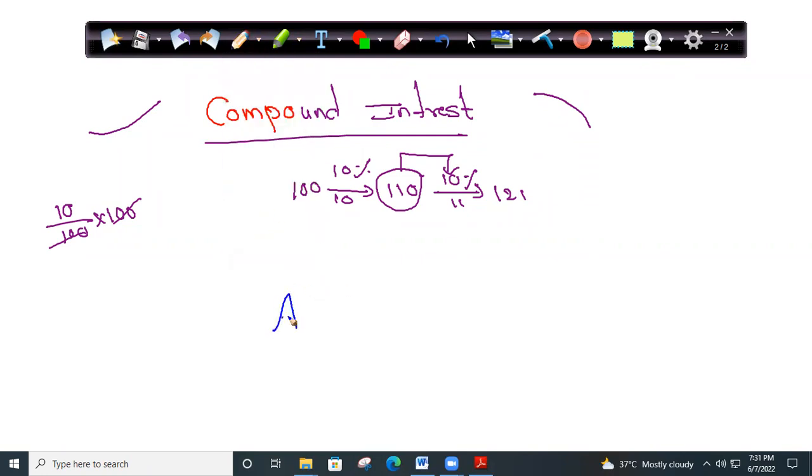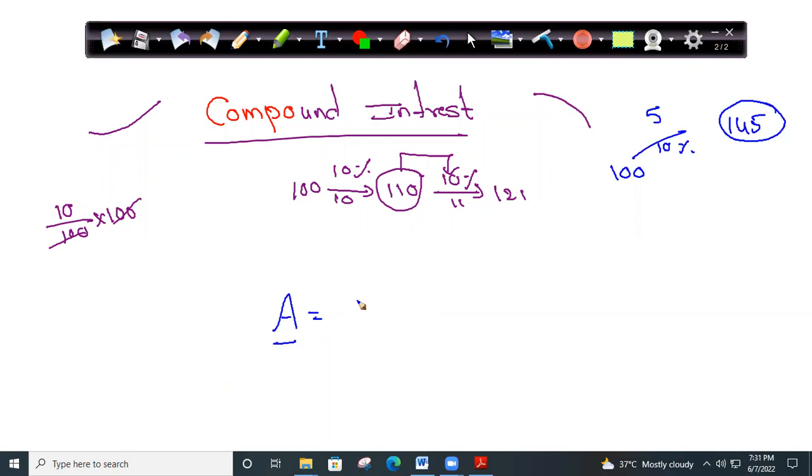Amount means, suppose you are giving 100 rupees to someone at 10% interest. After 5 years, he'll give you some amount. Assume he'll give you some 145 or 150. So this 145 is called the amount. The amount that you get into your hand is the final amount.